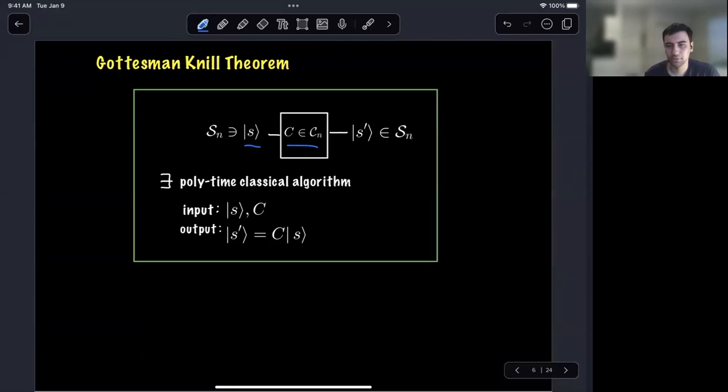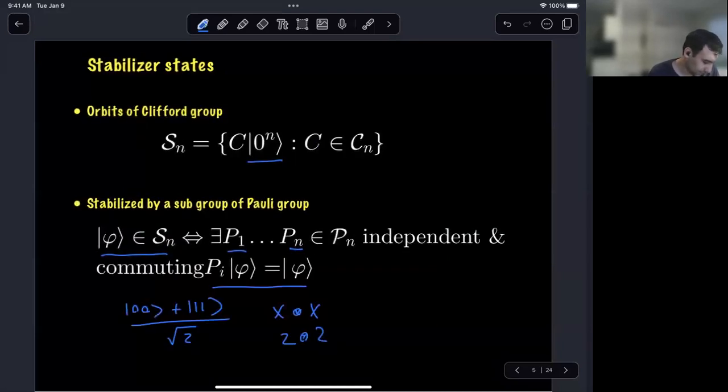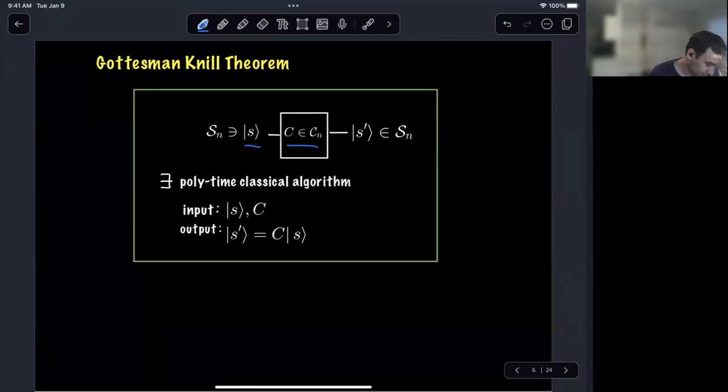So if I give you the classical description of the input and the circuit, you can, in polynomial time, compute the classical description of the output. And the proof is also not that complicated. You should use the second definition of the stabilizer state.